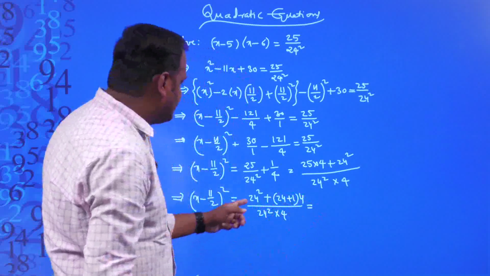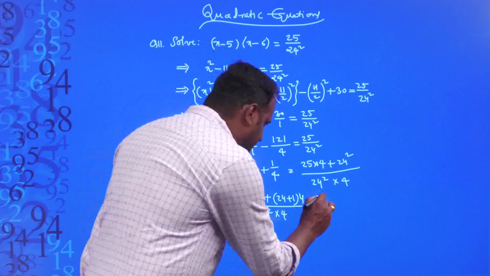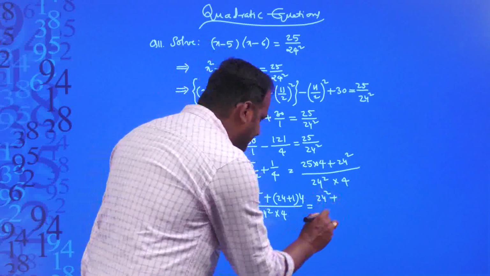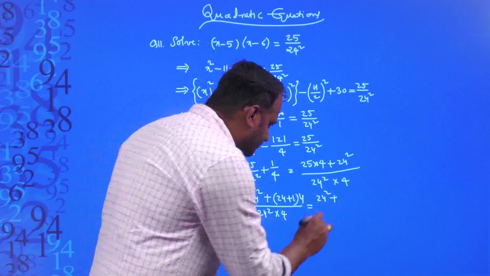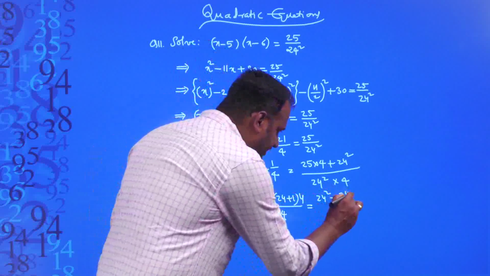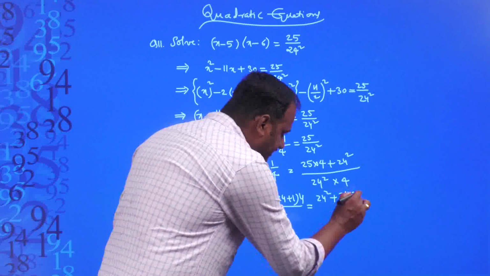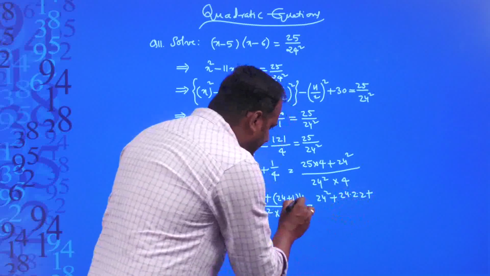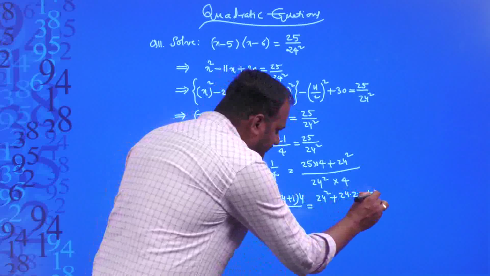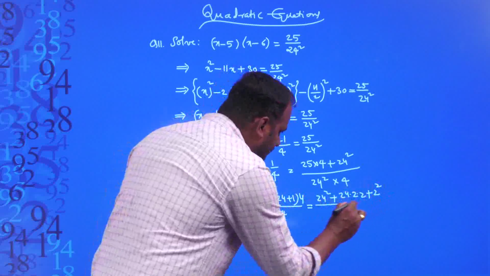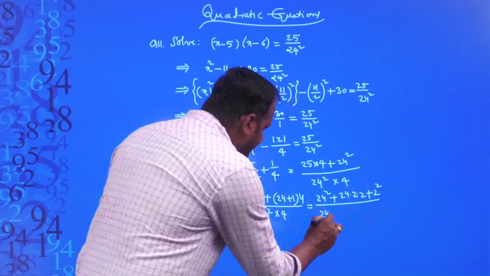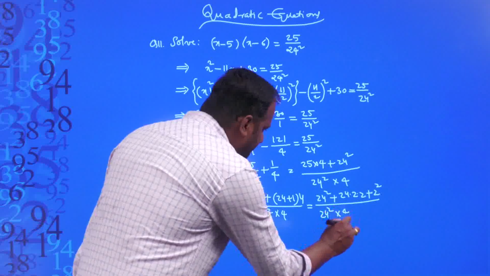And then this is 24 square plus this is 24 into 4. So, 24 into 4 is there, right? I am writing it as 24 into 2 into 2, plus 1 into 4 is equal to 4, that can be written as 2 square, whole divided by 24 square into 4.